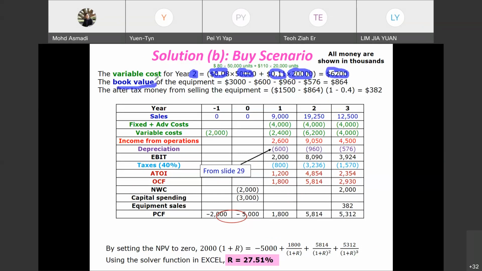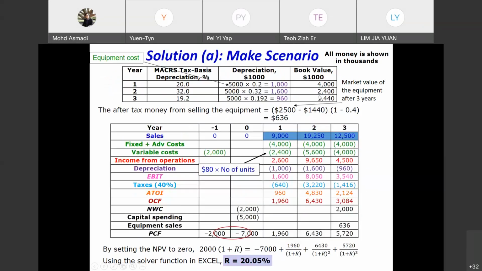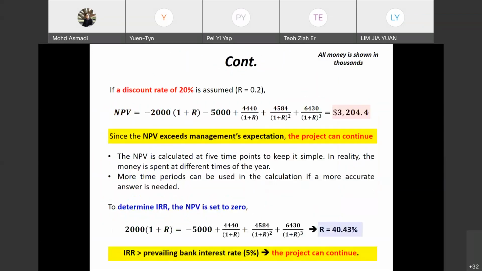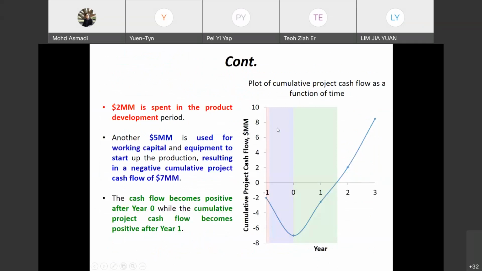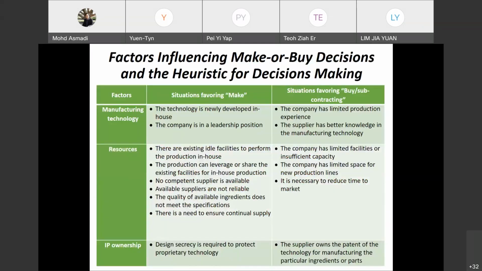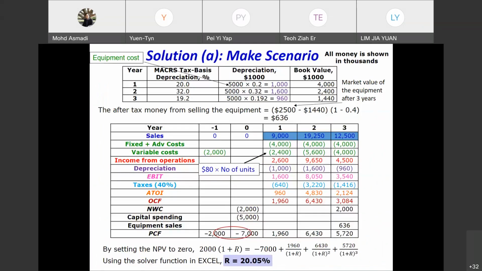And in terms of book value, 3,000 minus 600, 690, 500, so we can get 864, the same as previous. Book value, it's the same. Only we change at year 2, there's the outsourcing there.